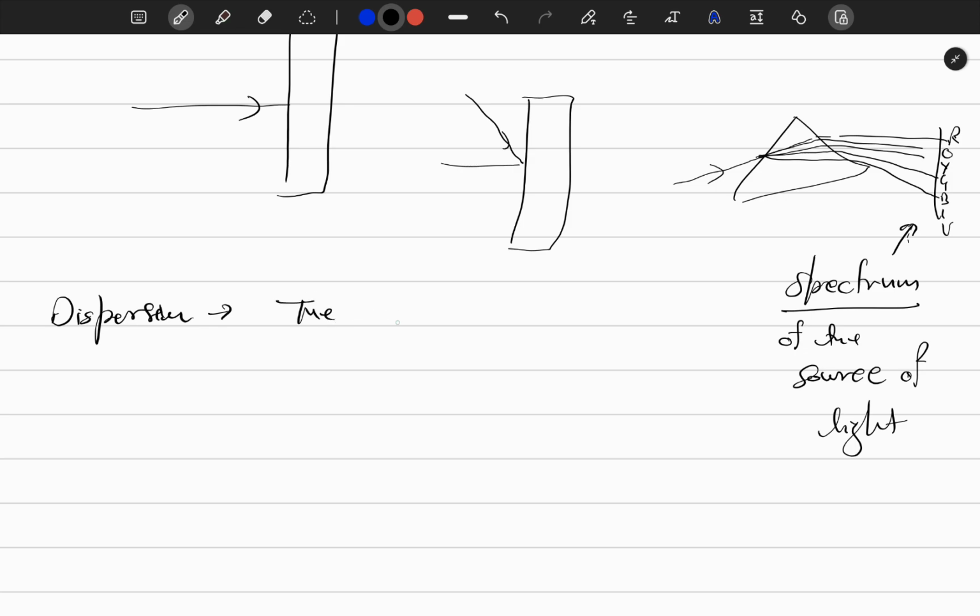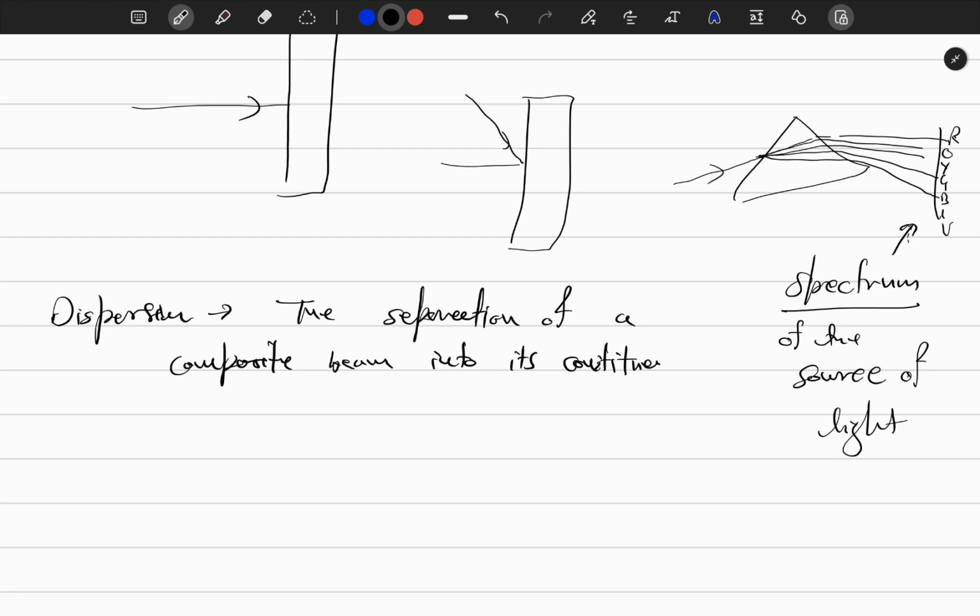the separation of a composite beam into its constituent colors is called dispersion.